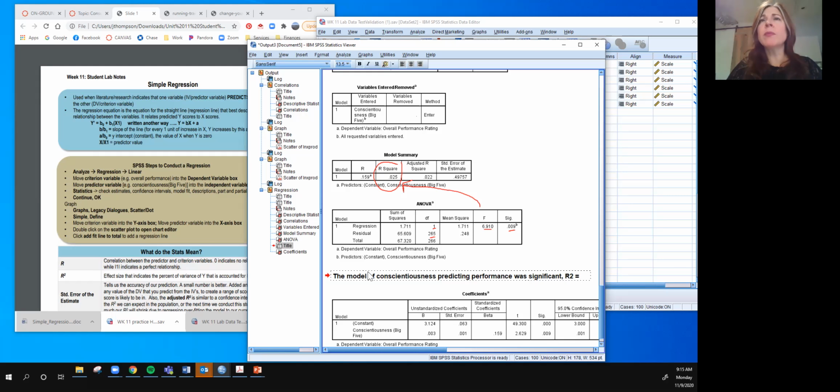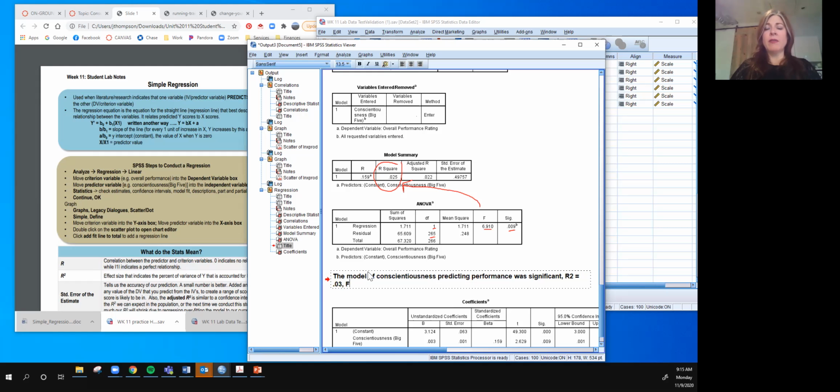Oh, I'm sorry, it's 0.025, which we're going to round up to 0.03. And then our degrees of freedom is 1 to 65, and our F equals 6.91. And our P is less than 0.05. Okay.